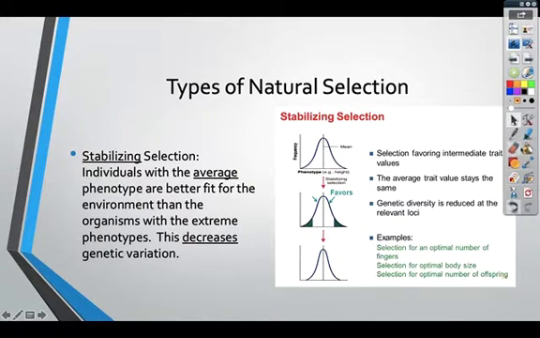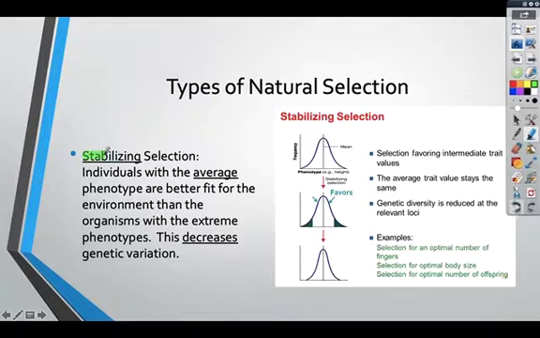So stabilizing selection is when the average individuals in a population are going to be better suited, better fit for their environment, so therefore they are going to live longer and reproduce. So basically what that's saying is that nature selects or favors the average individuals.